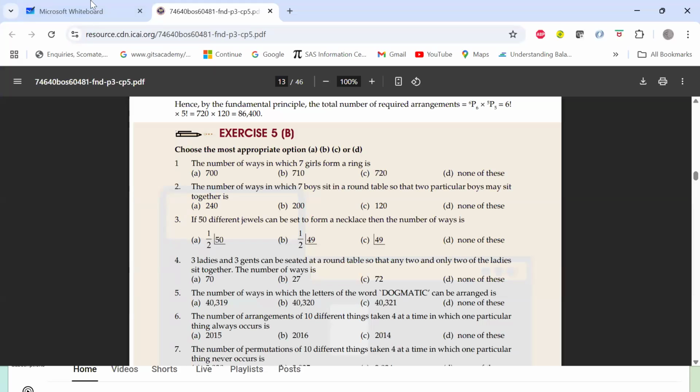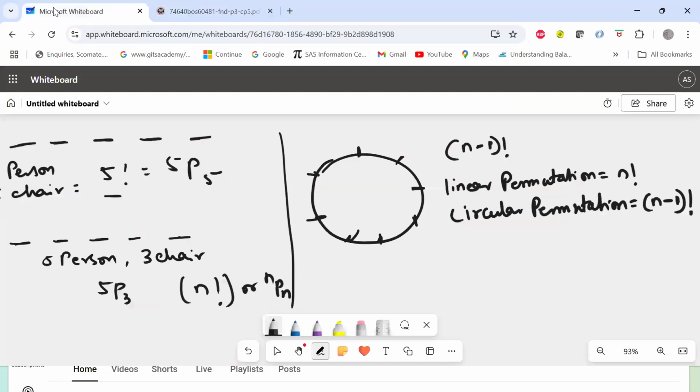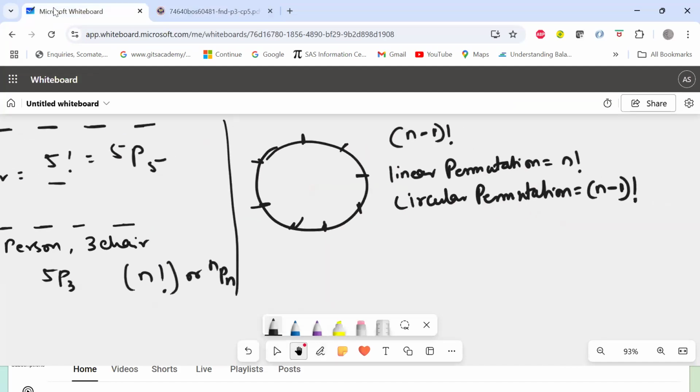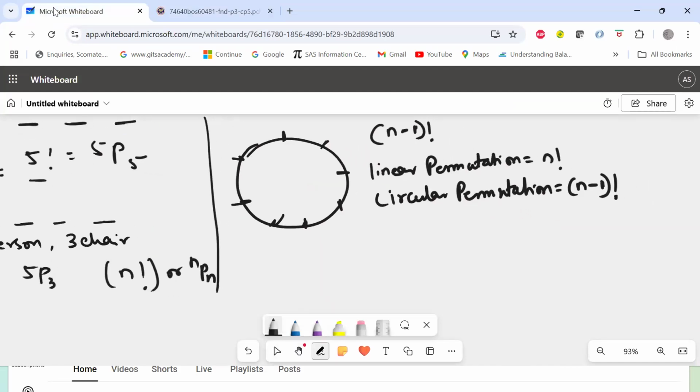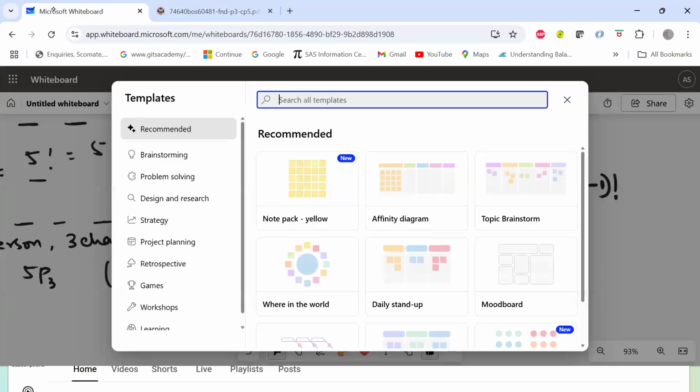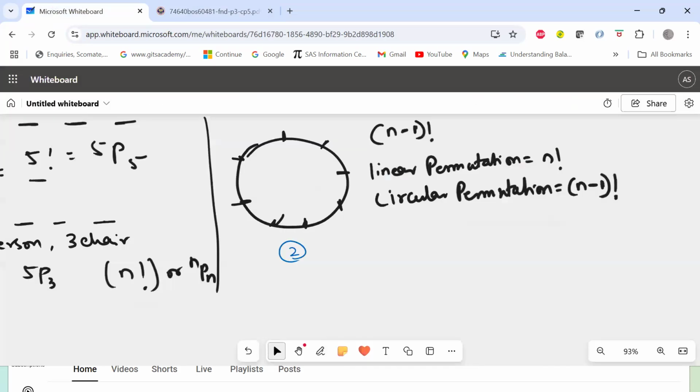Here, in the same case, imagine you want to know the number of ways if two particular people want to sit together. You can consider those two people as a single entity. In question number two, they have given seven persons.